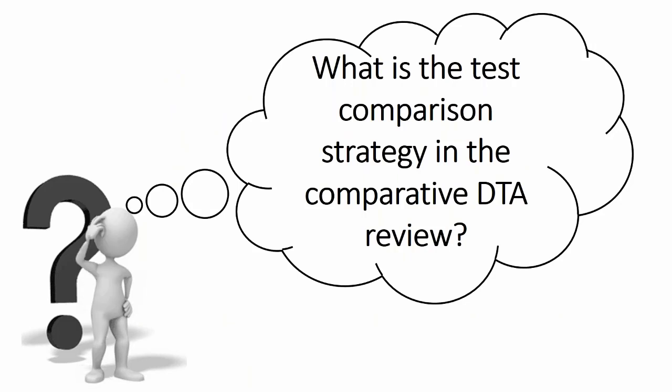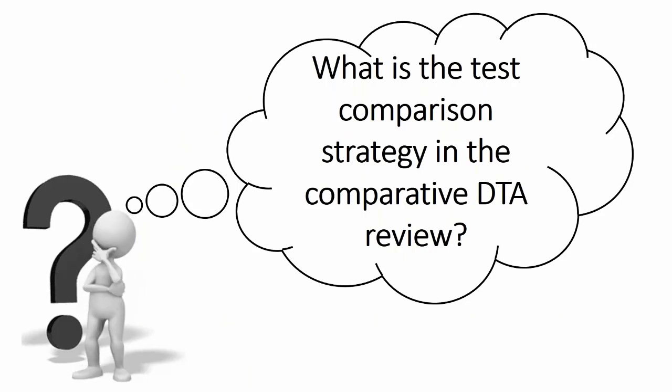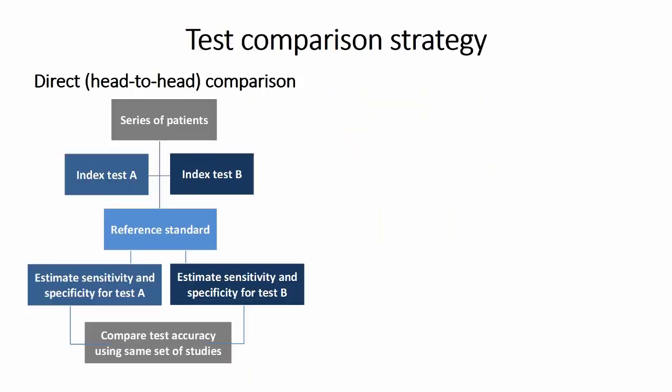And what do I mean then by a test comparison strategy? There are basically two test comparison strategies. One you can consider as a direct comparison, as illustrated here, where in the simple case of two tests, A and B, a direct comparison includes only studies that have compared the two tests head to head, either using paired or randomized studies.